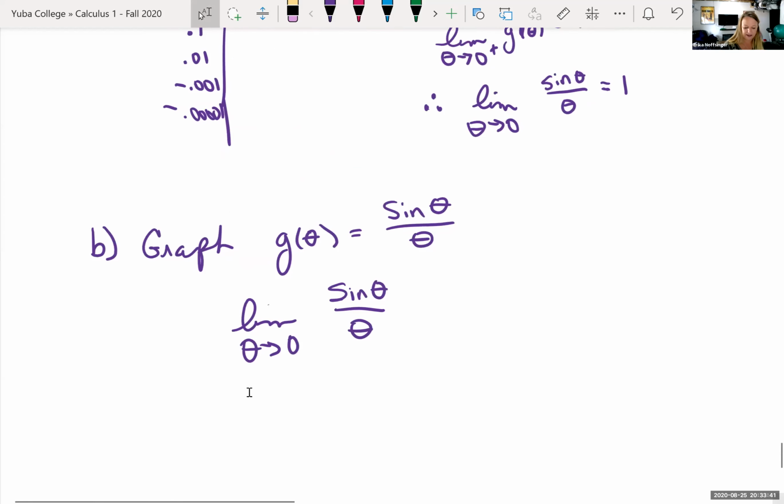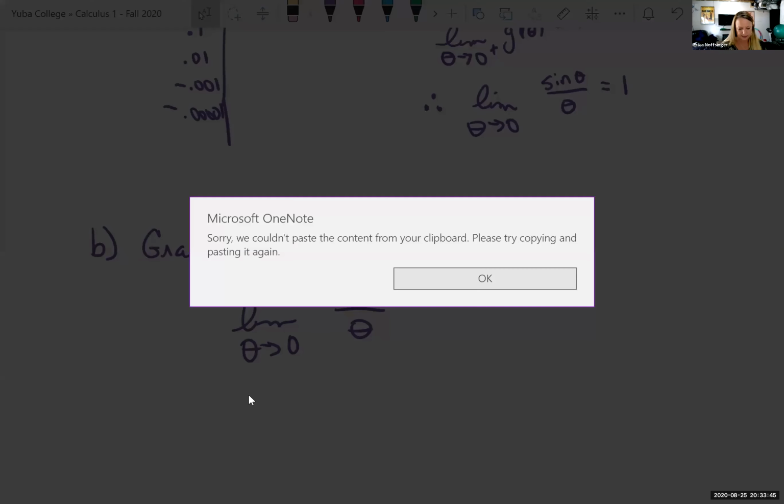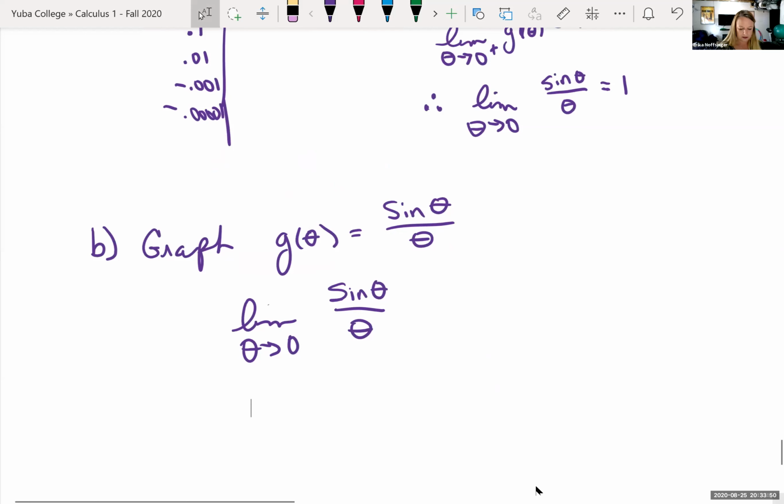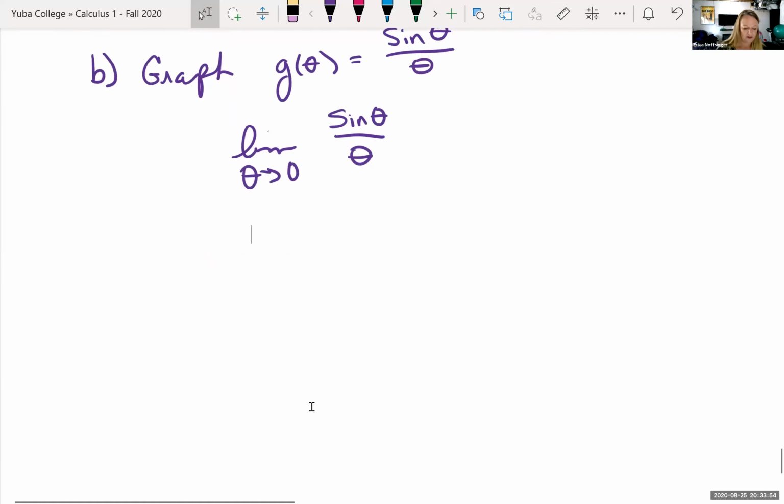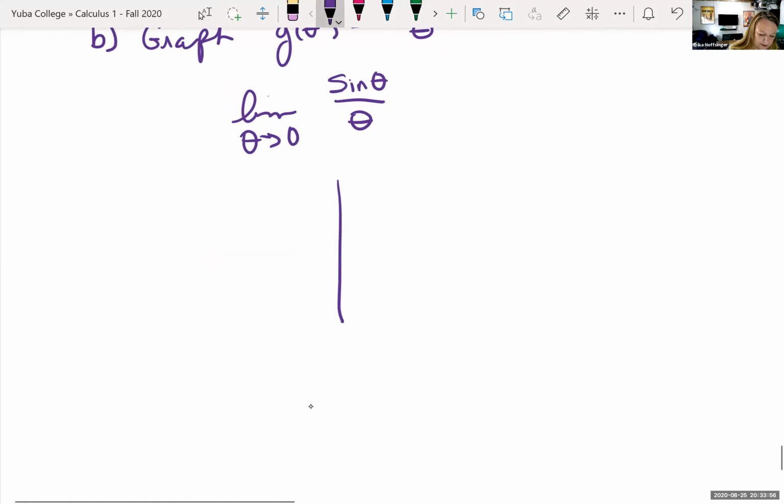They said to graph it. I just pulled that picture from Desmos by copying it with the snippet. I'm not going to go back and graph it again, but we had something right here, right?